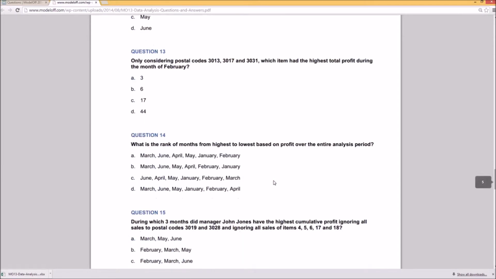Question 13. Only considering postal codes 3013, 3017, and 3031, which item had the highest total profit during the months of February?